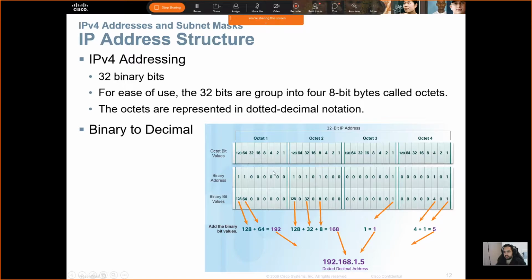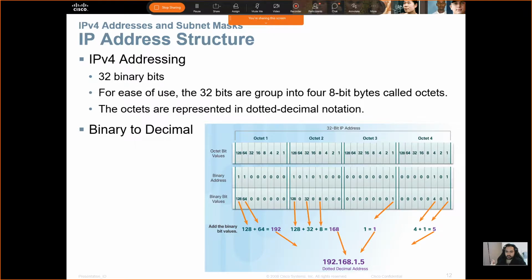These 8 bits in binary form can be translated to decimal form. With 8 bits, you can write numbers up to 255, starting from 0. There is an easy way to convert from binary to decimal. You can use a binary to decimal calculator, or you can do it by hand.